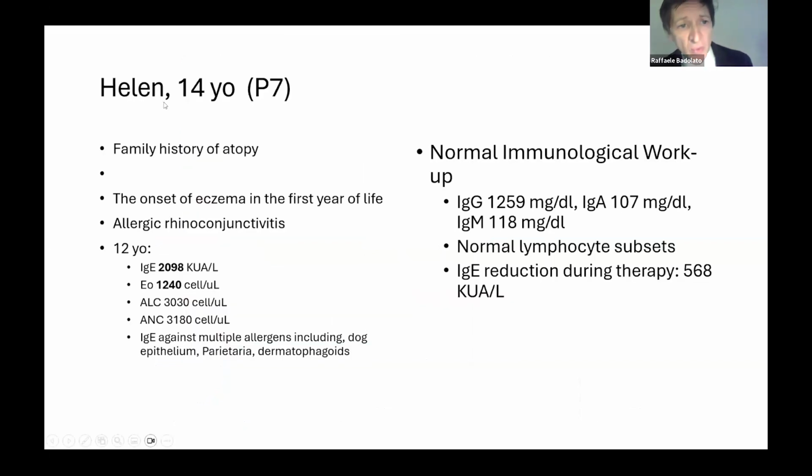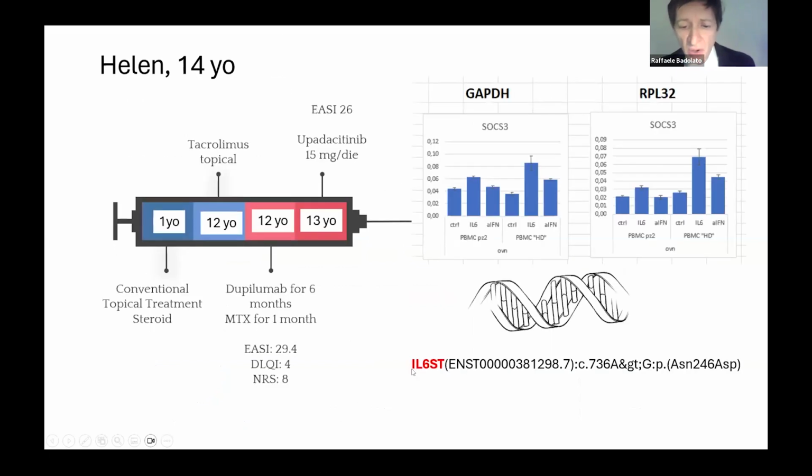We identified a 12-year-old girl who had high immunoglobulins and increased eosinophils, and she carried a mutation of the gene encoding for GP130, but there was a missense mutation, and apparently this resulted in reduced signaling through the IL-6 receptor.